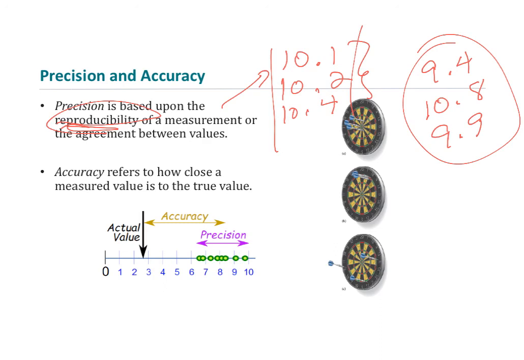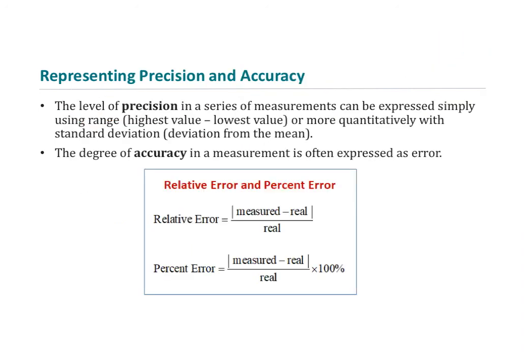Accuracy is how close you are to the actual target value. My target value here was 10 milliliters. So which one of these is more accurate, and how do I tell? And which one is more precise, and how do I tell?